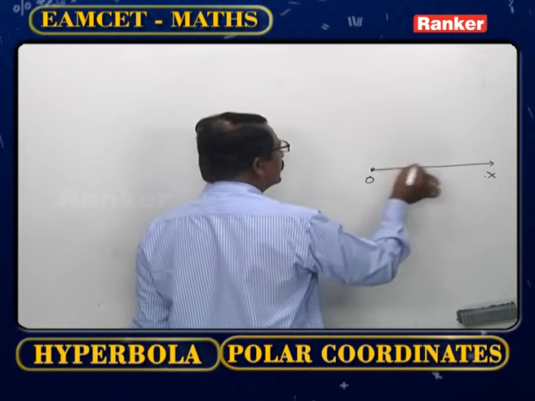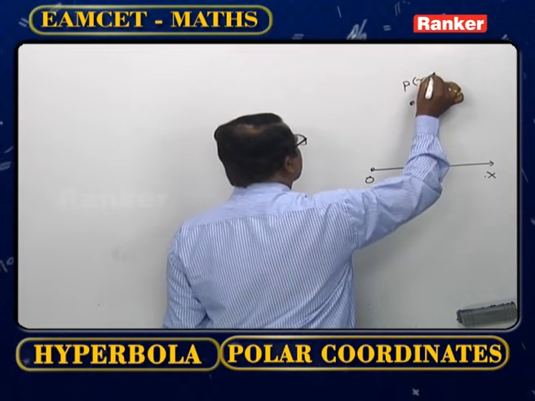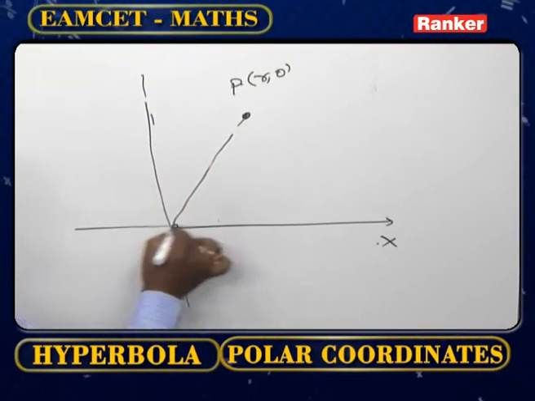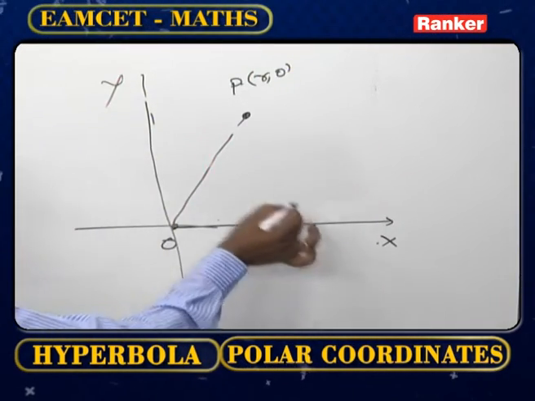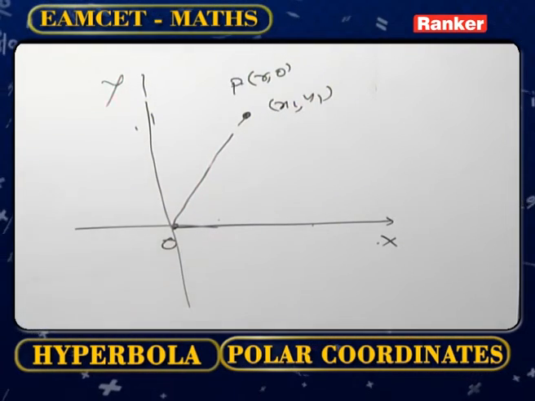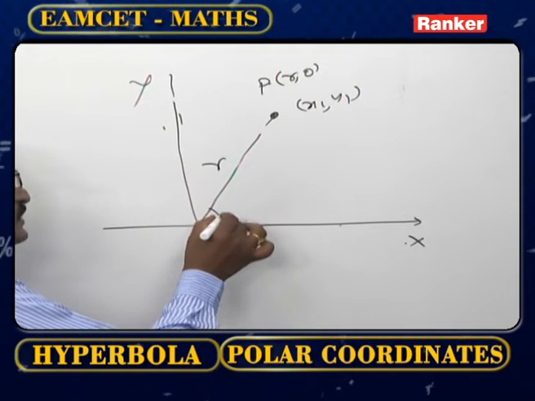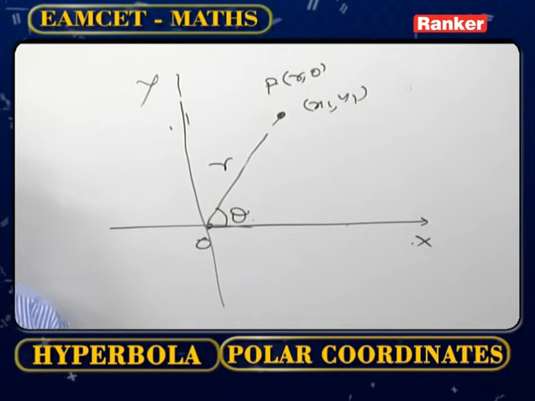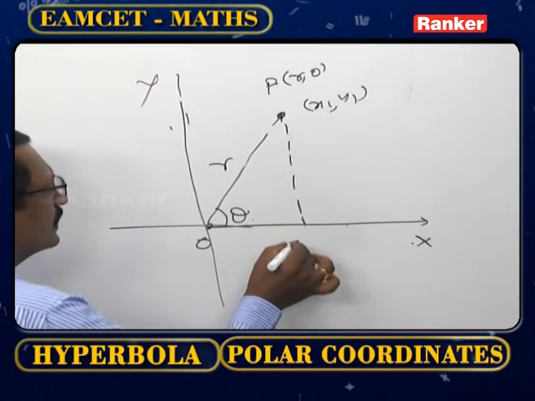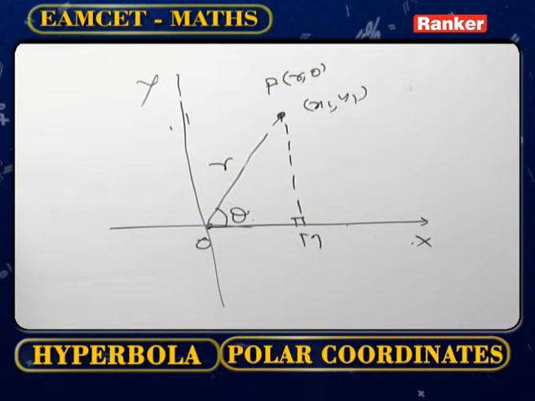Suppose OX is the polar axis and P(r, theta) is any point. Taking the x-axis and y-axis of the rectangular coordinate system, the coordinates of the same point P are (x1, y1) in Cartesian and (r, theta) in polar. Here OP equals r and OP is inclined at an angle theta with the polar axis. Draw a perpendicular PM from P to the polar axis, the positive x-axis.